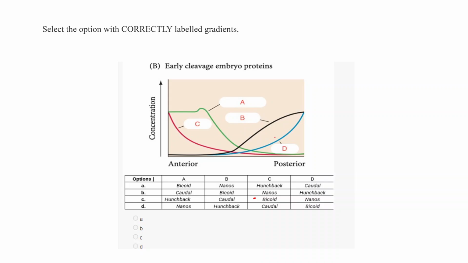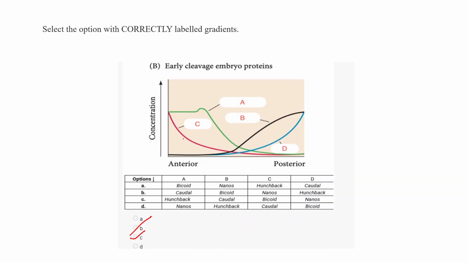And then hunchback. Hunchback shows a broad anterior or anterior mid domain, which is activated by bicoid. This is hunchback. So from this, C is the correct answer. Even if you know one or two, you can answer.